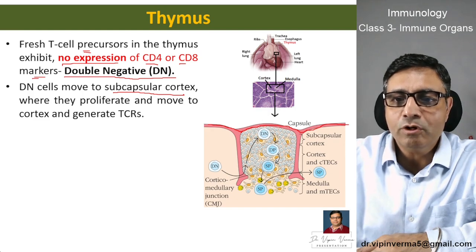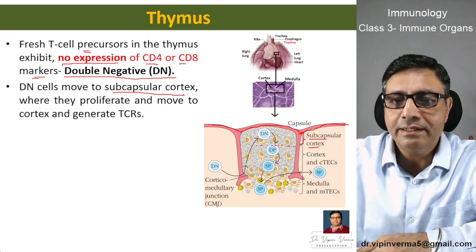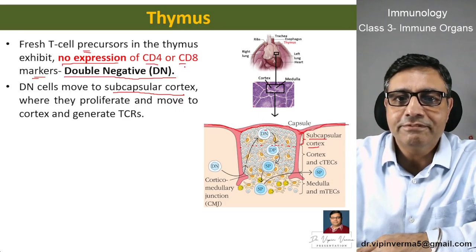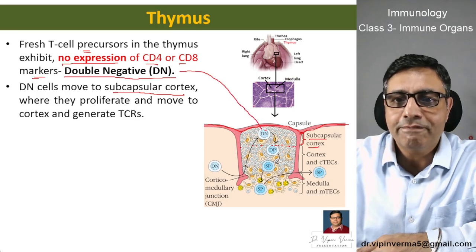This is part of the cortex, but since it is under the capsule, we call it the subcapsular cortex. And in this subcapsular cortex part, from here to here, the cells you can see are the DN cells, the double negative cells.